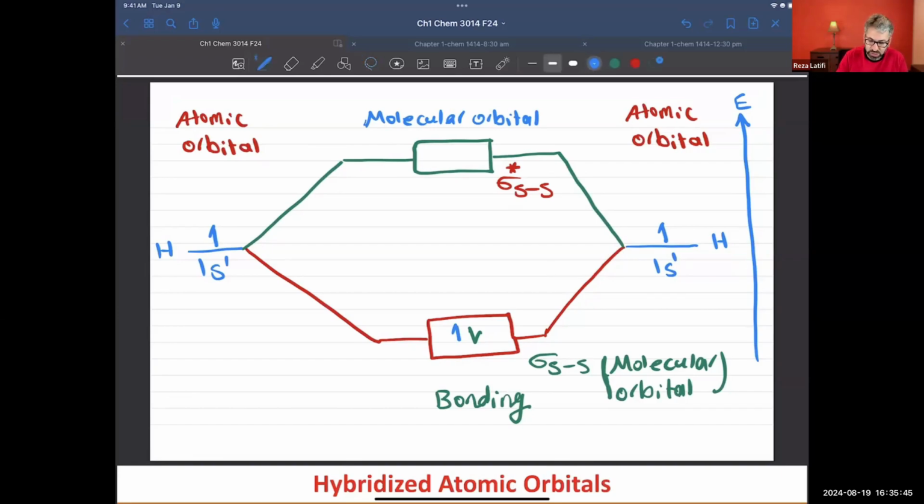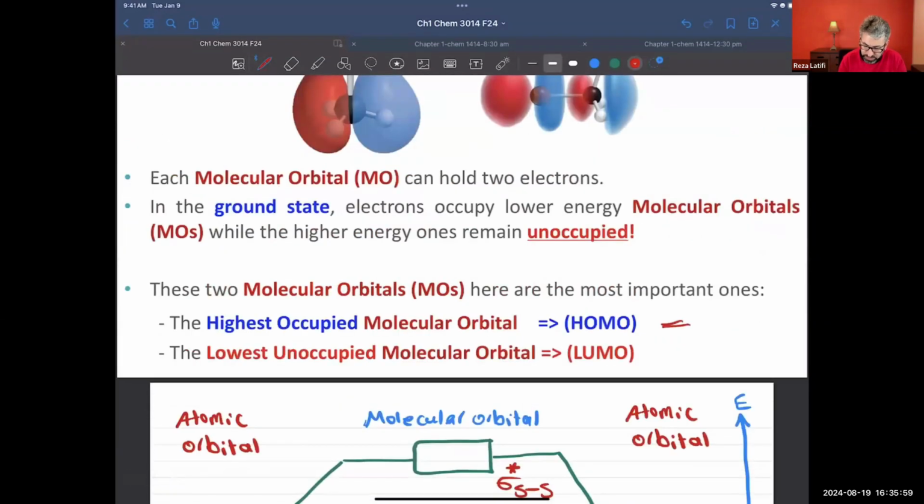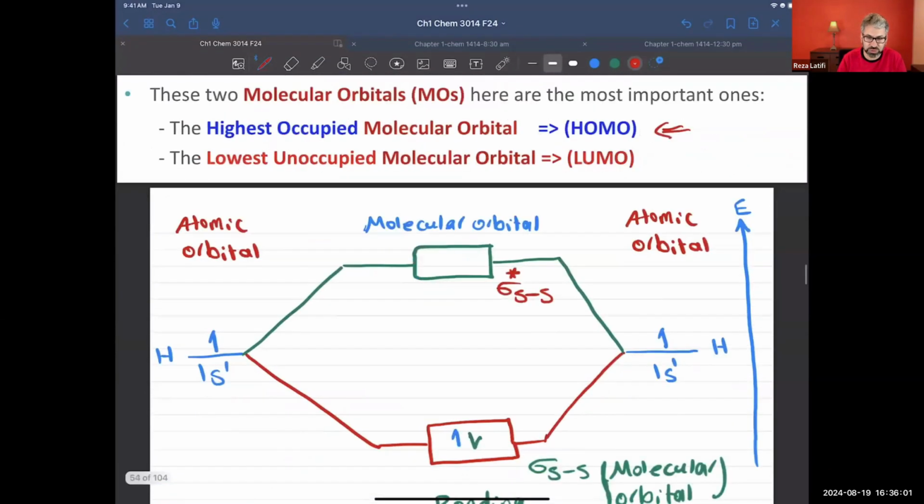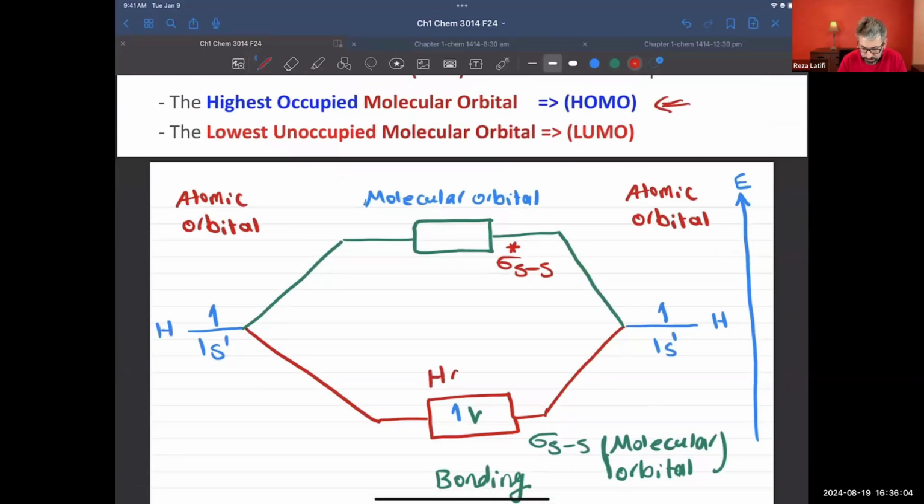The highest occupied orbital, we're going to call the HOMO, and for hydrogen this is going to be the HOMO. The lowest unoccupied orbital will be the sigma star, and this one will be the LUMO. So sigma star is the LUMO, and the HOMO is sigma SS.